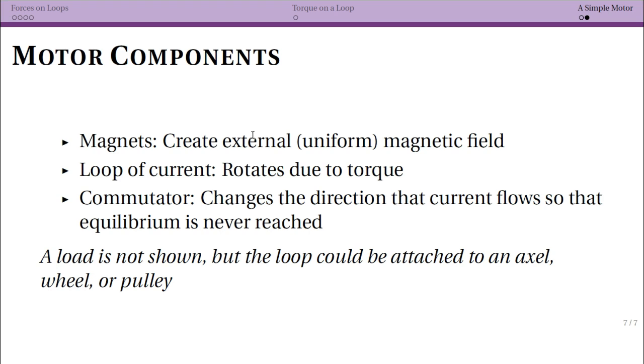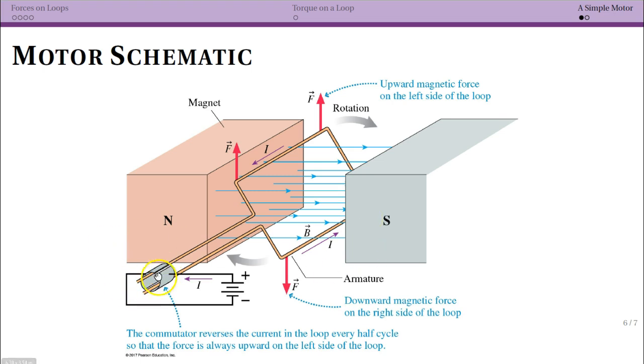So keep in mind that we don't care about the magnetic field that the loop itself is making. Sure, there is one, doesn't matter. The commutator is really the key ingredient, which is changing the direction of the current flow so that there's always a torque causing the loop to rotate, and there's never a torque slowing it down. And again, all the commutator is basically this split piece of metal that allows the current to flow one direction and then the other one.